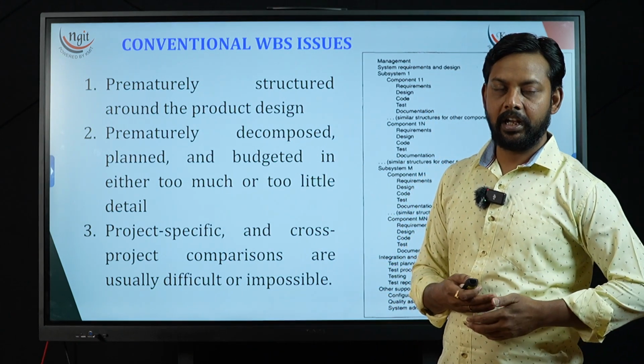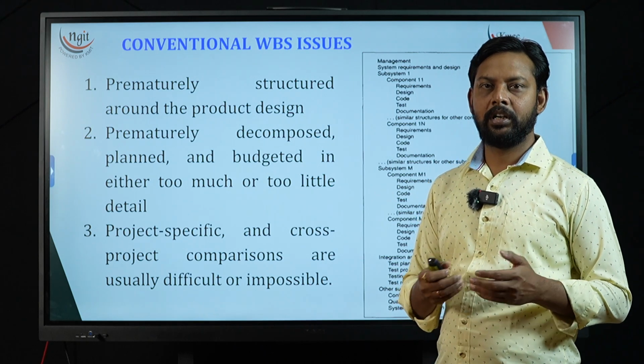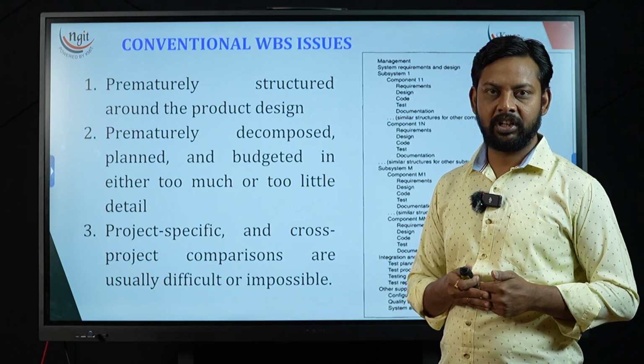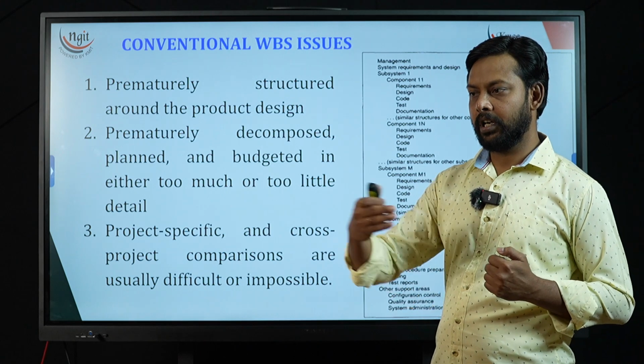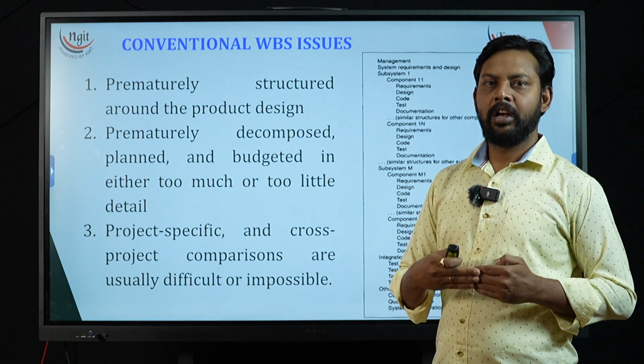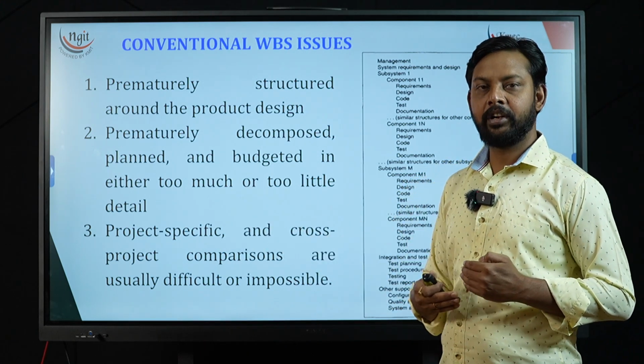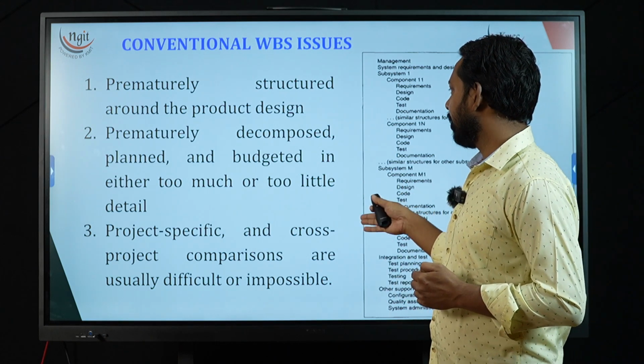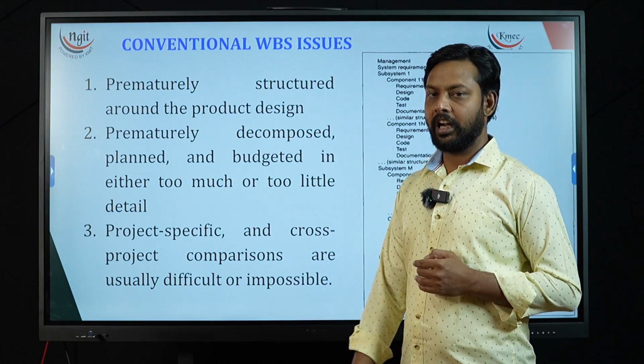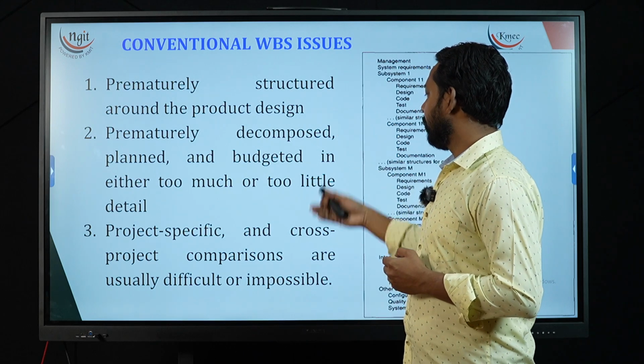It will not help you focus only on the required part of your project development. Either you plan your details more, or you plan your details less. So that is another problem with your work breakdown structure in your conventional model.